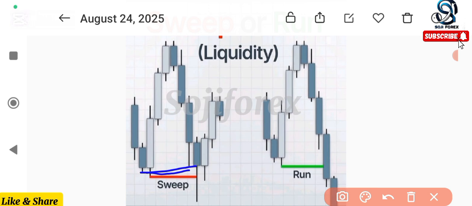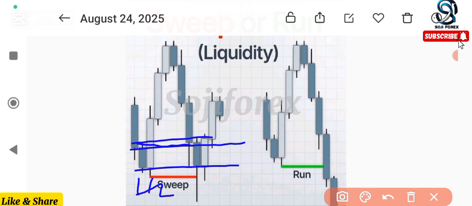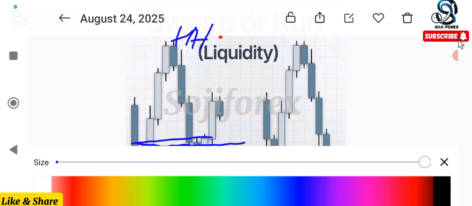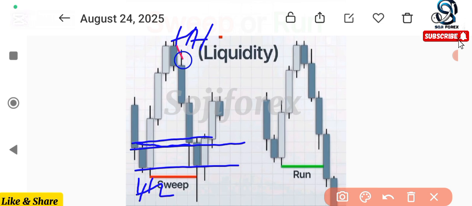So if this is your order block, and this is an uptrend, which means that you are having a higher low and a higher high, you are expecting price to return into your order block so you can buy. So price returns into your order block.